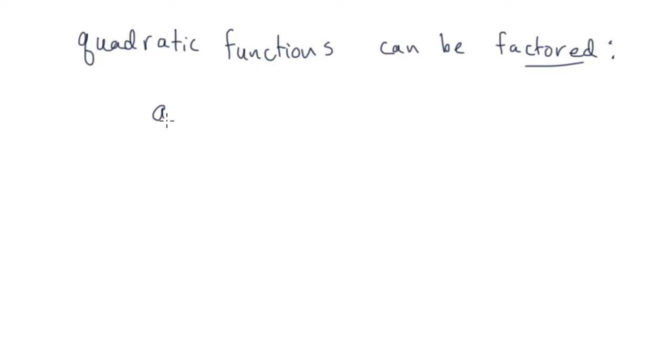So if the quadratic looks like this, ax squared plus bx plus c, what we're looking for is numbers that I'll call alpha, beta, gamma, and delta.